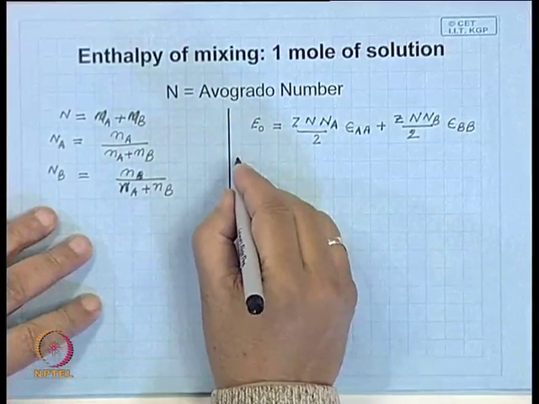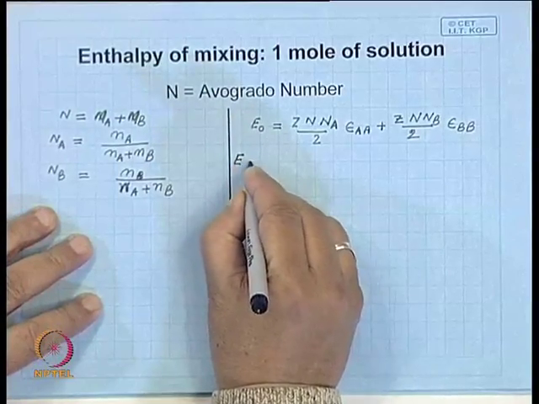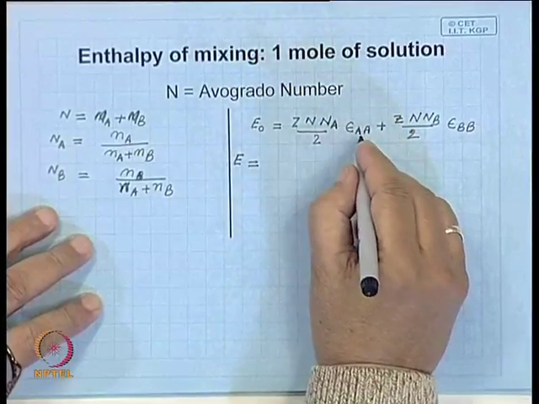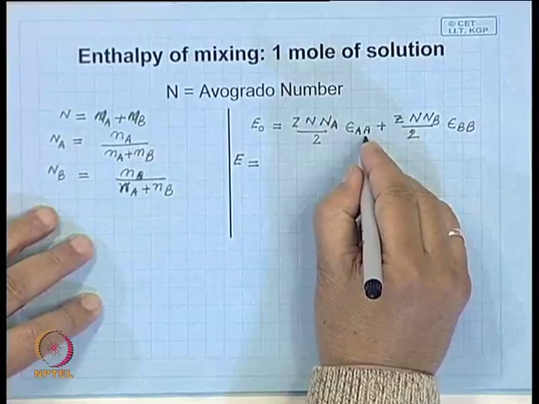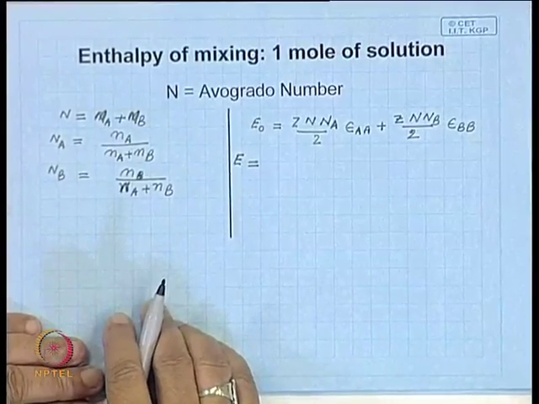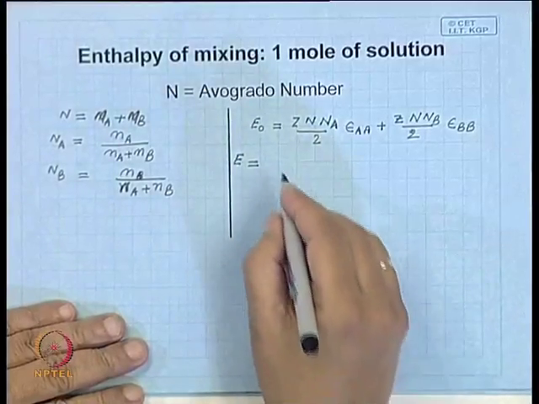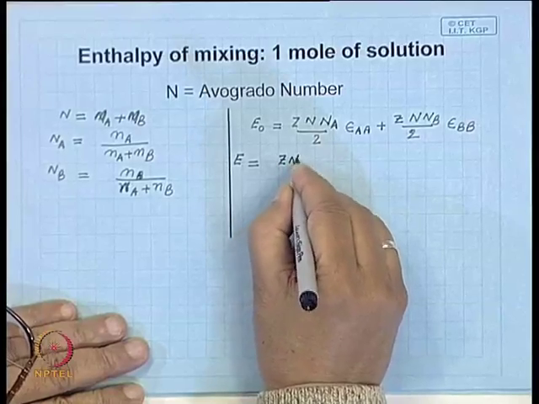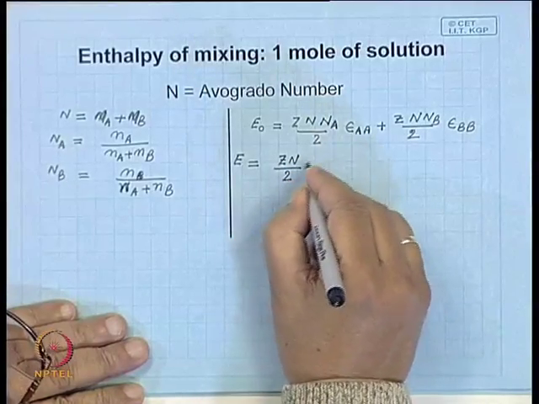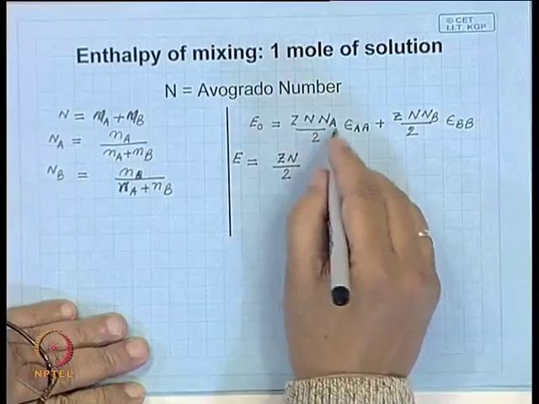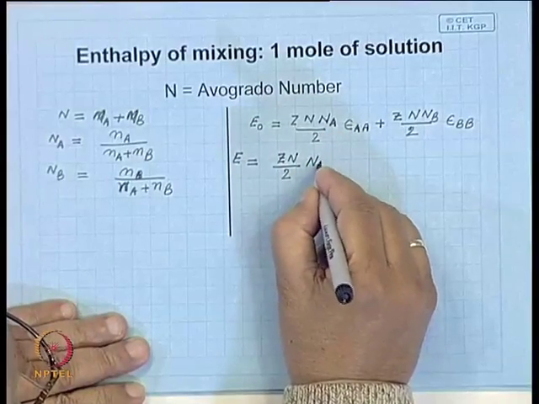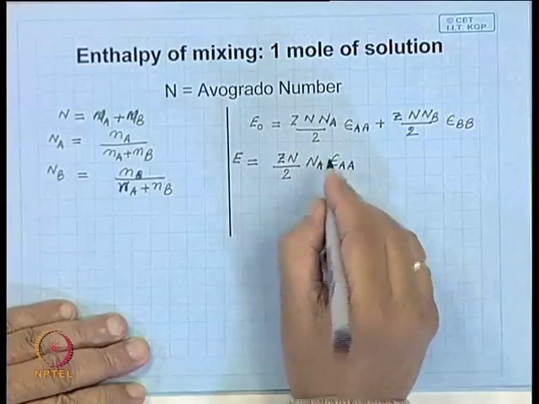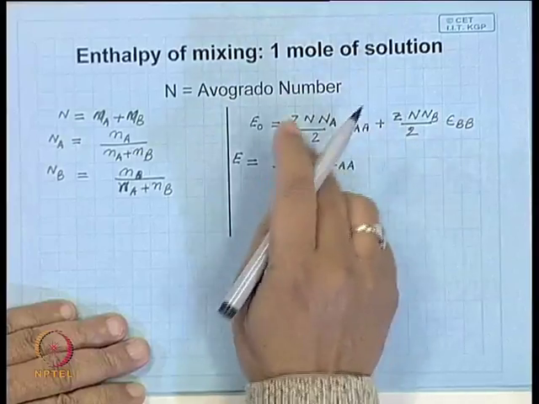Now, when mixing takes place, what happens? A certain number of AA bonds will be replaced by AB bonds, and how do you calculate this? This will be Z n by 2, the total number of bonds, Na. Out of this, only the Na fraction is replaced and is now A type of bond.